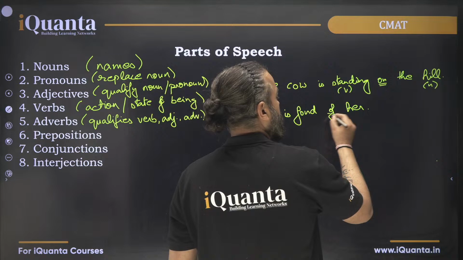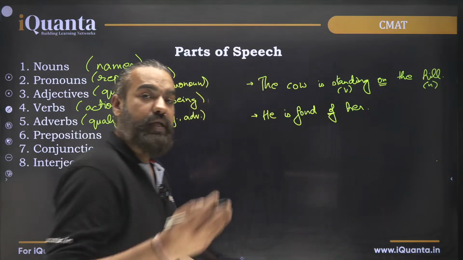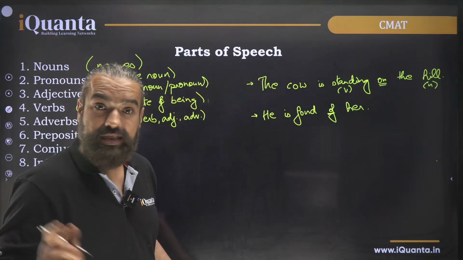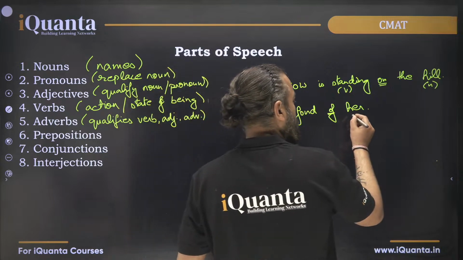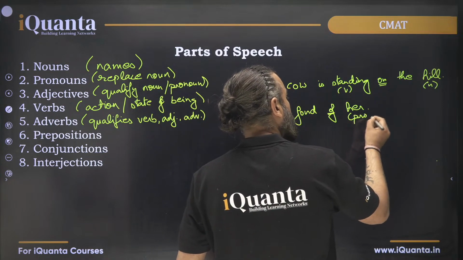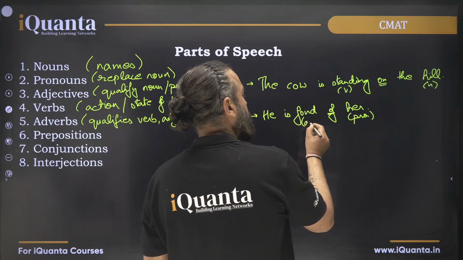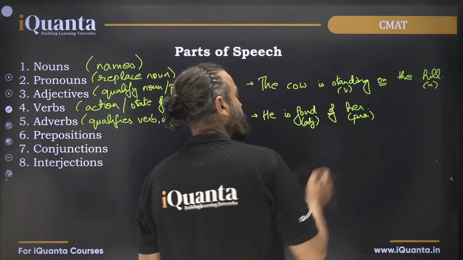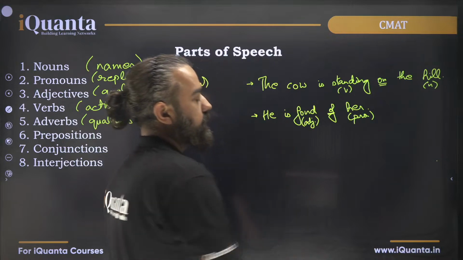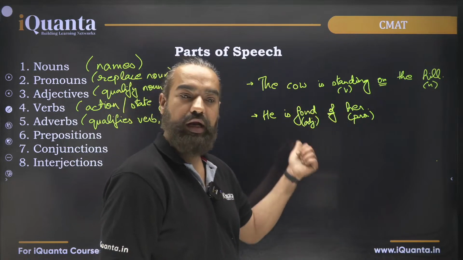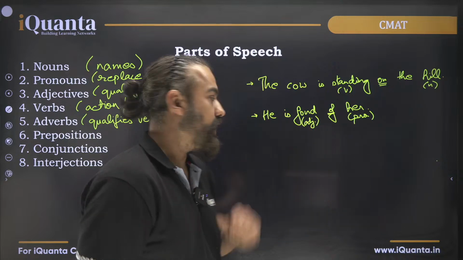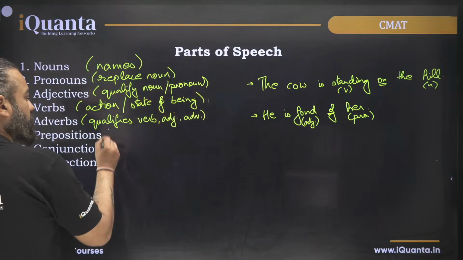Preposition, clearly of. Is it placed before a noun or a pronoun? Yes, it is placed before a pronoun. Fond, what part of speech is fond? Fond is an adjective. In this case, it is showing you the relationship between a pronoun and an adjective. That's how a preposition works.